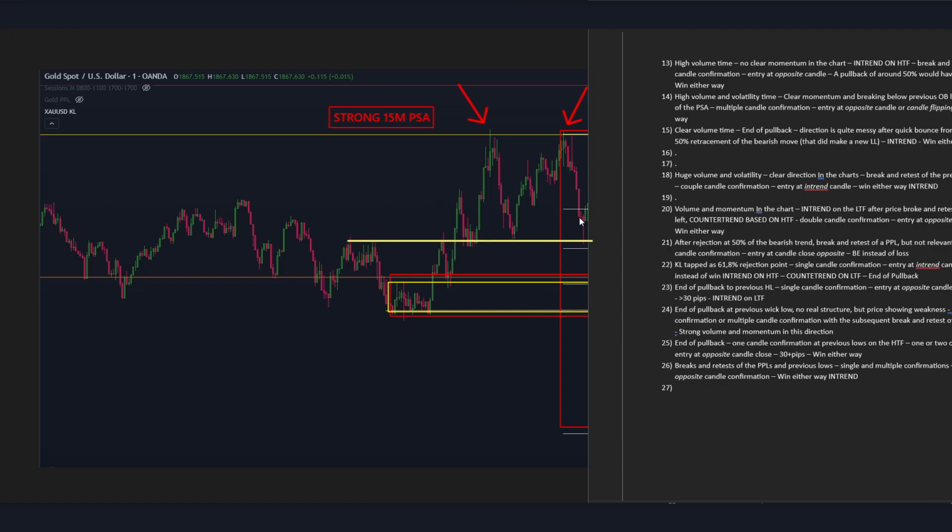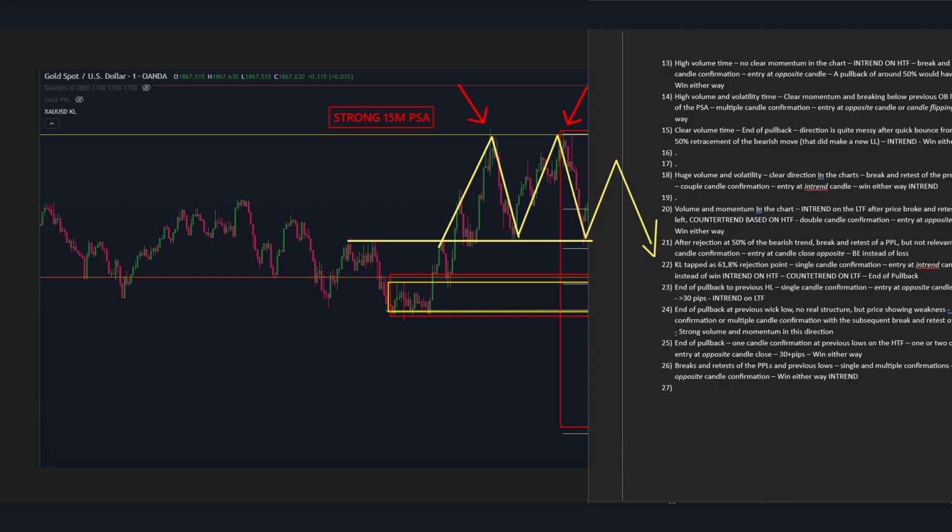This could have possibly been your secondary entry, but you and I should understand that this is now a rejection, a double top at a strong 15-minute PSA. What I might turn into is wanting to see this price action fail to make a new high and then continue bearish, because this is relevant. This is not a random PPL, it's not in the middle of the PSA.